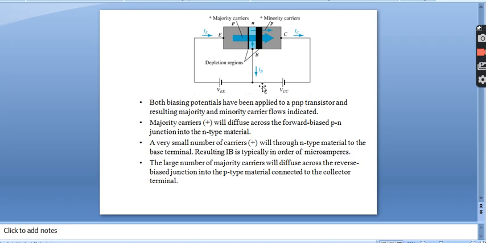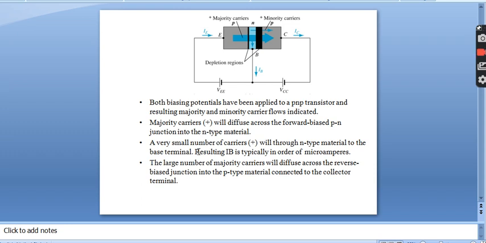So IB current will be flowing. It is so small because a small amount of the carriers will combine with the electrons in the base region. This recombination takes a small amount of the current, that is IB.